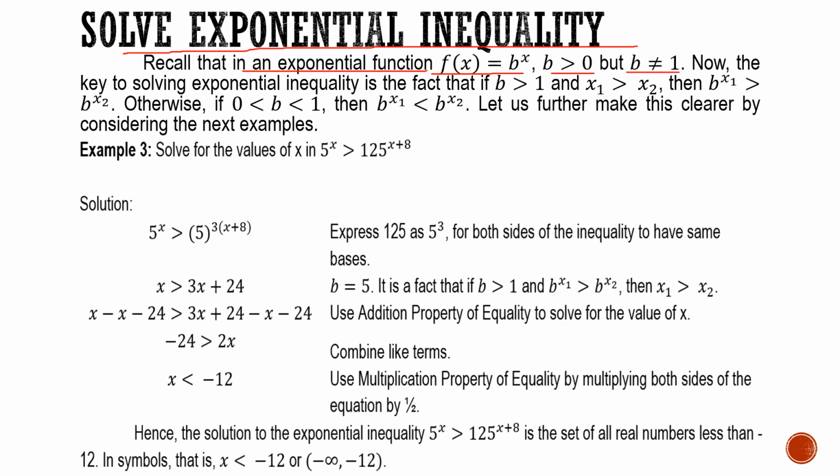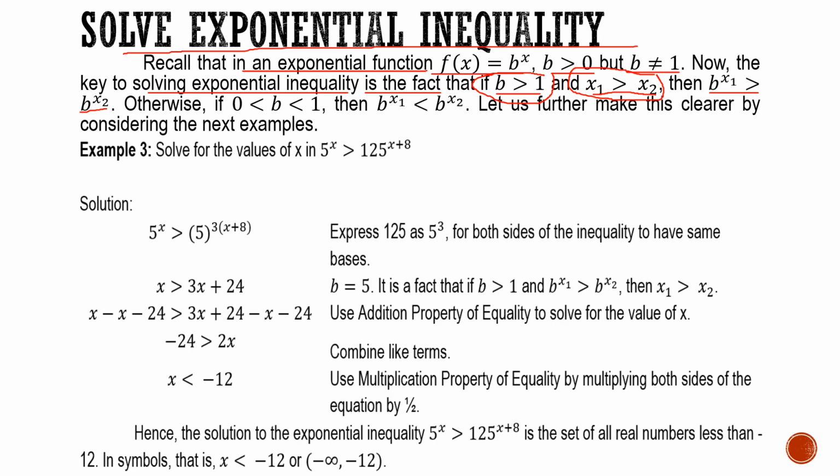So now, the key to solving exponential inequality is the fact that if b is not equal to 1 and x sub 1 is greater than x sub 2, in this case your b is greater than 1 and your x sub 1 is greater than x sub 2, then b to the x sub 1 is greater than b to the x sub 2. So that's how we see it.